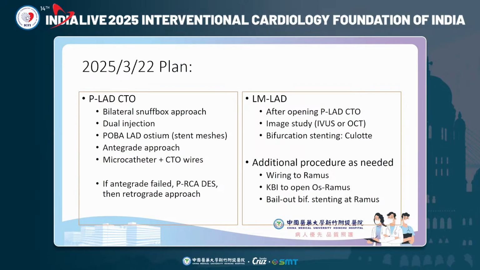We plan to try the antegrade approach first with a microcatheter and the Gaia wire. If antegrade fails, we might consider the retrograde approach. For imaging, we plan to use IVUS. And for the bifurcation stenting, we have to follow the IVUS findings to decide what kind of stenting strategy we use.